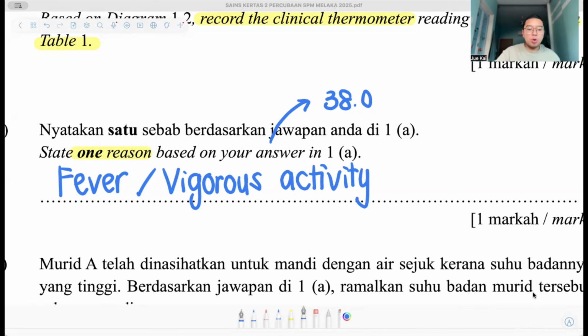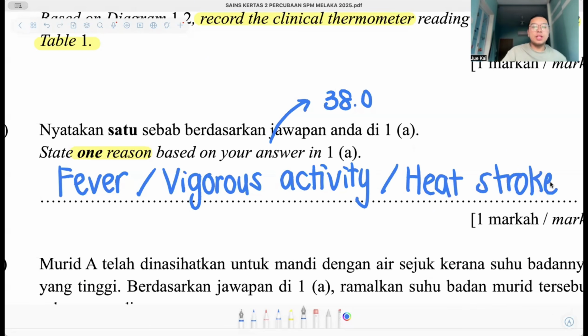Just one more, random one. Faster, faster. Yeah, heat stroke, can. Okay, three is enough. You choose one. For me, I won't write a long one. I just write fever. That's all, done.